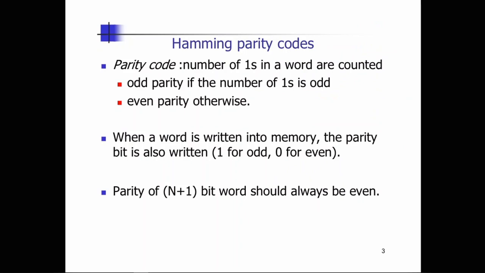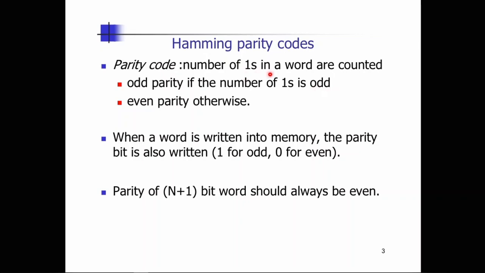Parity codes, called Hamming parity codes, are very useful in doing this. A parity code is essentially: count the number of ones in a word, and if the number of ones in a word is odd, then we say that that particular word or set of bits has odd parity.